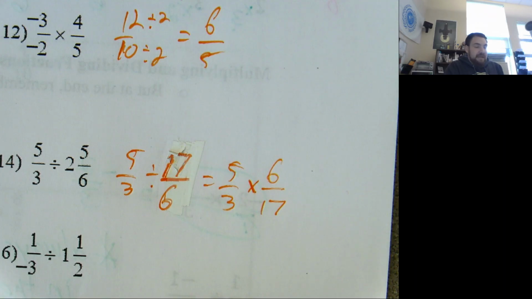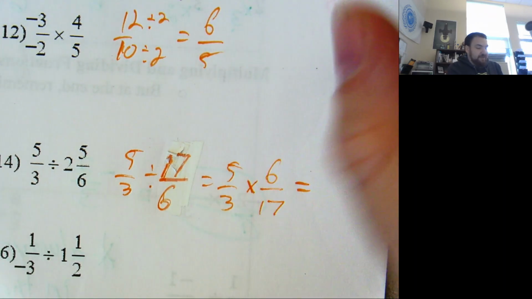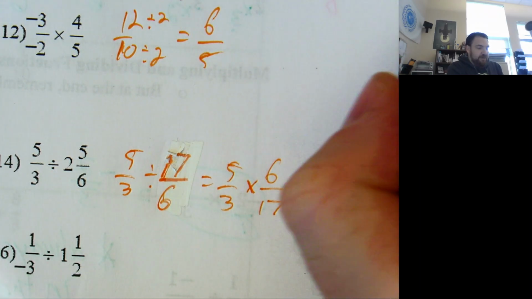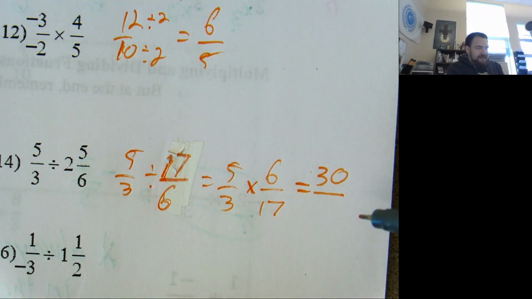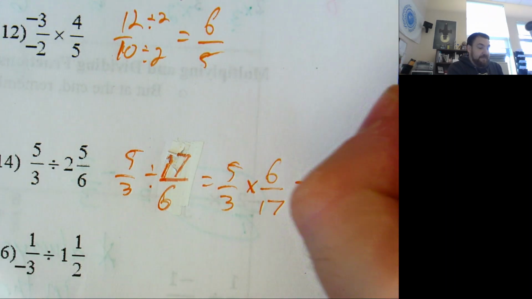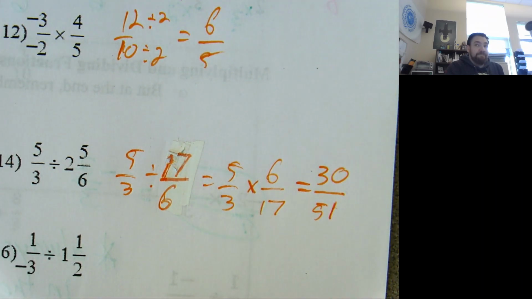Perfect. If you do it straight across, no simplification, you're going to get 30 over 3 times 17, which is 51. This is a tricky one, because if you leave it at this stage, you're going to get 0.75 out of 1. You're going to get all the available marks.